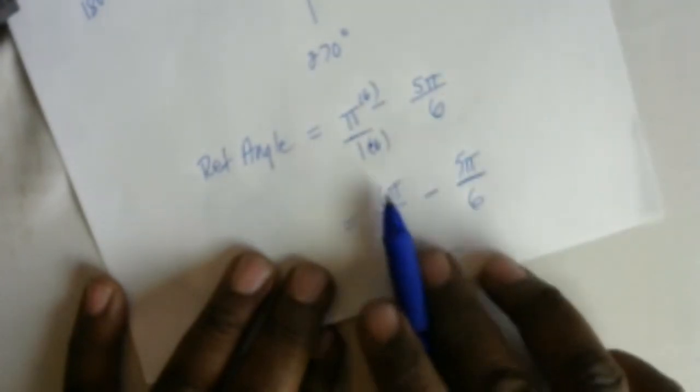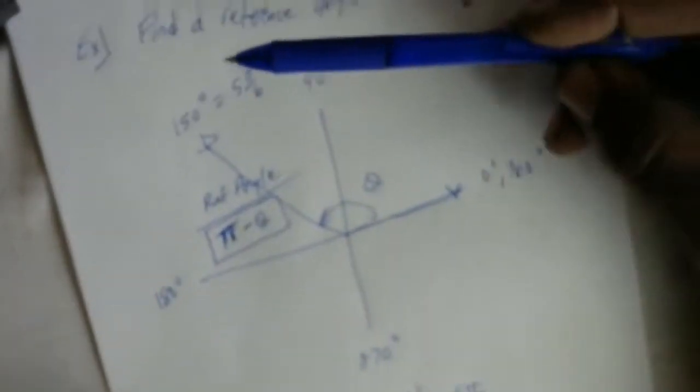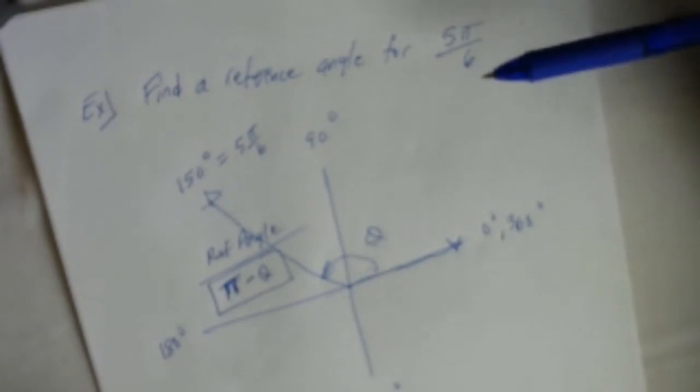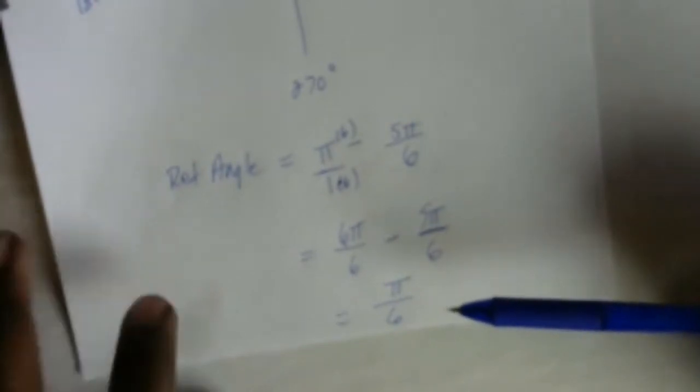If I combine my numerators, 6 pi minus 5 pi is pi. So my reference angle for 5 pi over 6 is pi over 6.